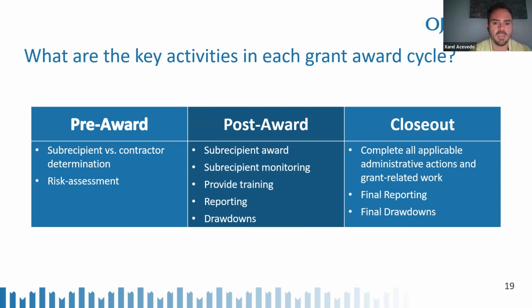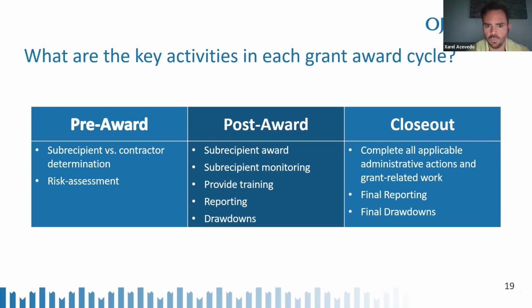And then, like we said, the drawdowns is the last part. Final drawdowns are not completed until everything is in place and everything has been corroborated. But drawdowns as you go along the program should match their progress. And that's why we go back to the previous bullet of reporting.